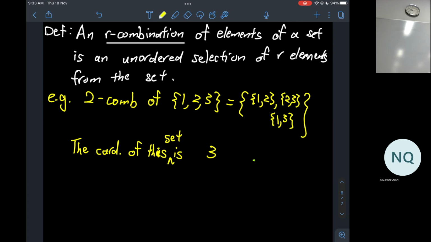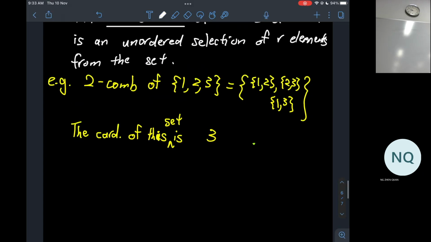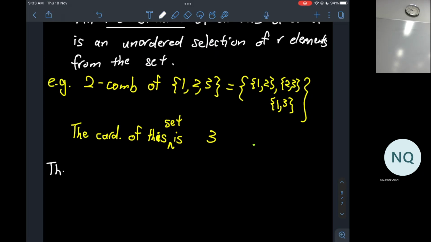So how do we count these numbers here? How do we get the 3?